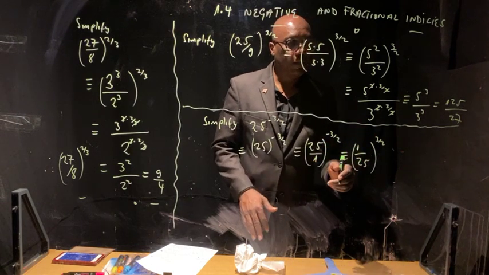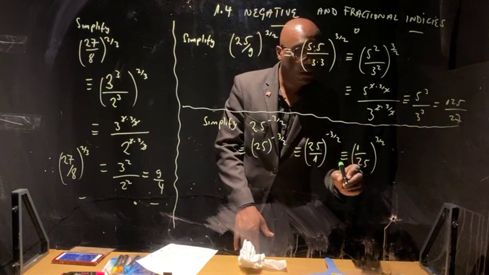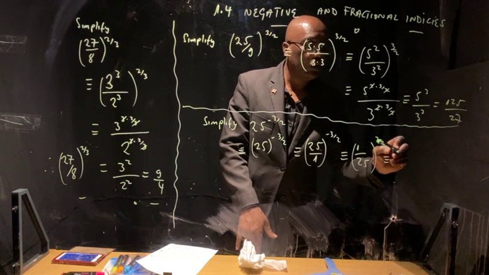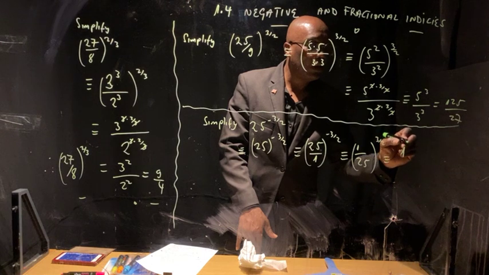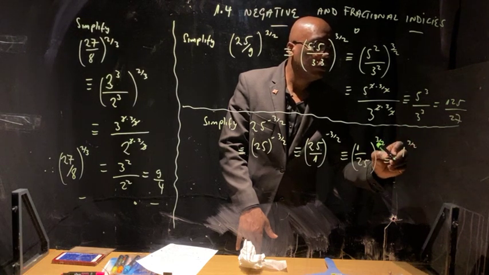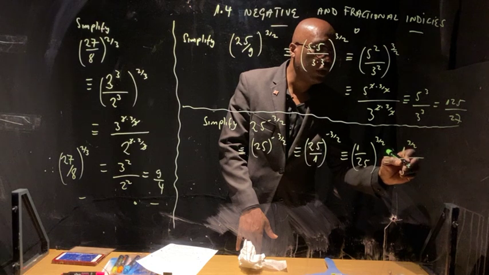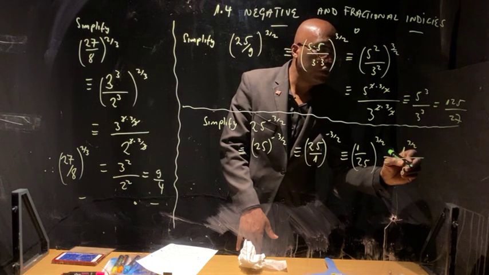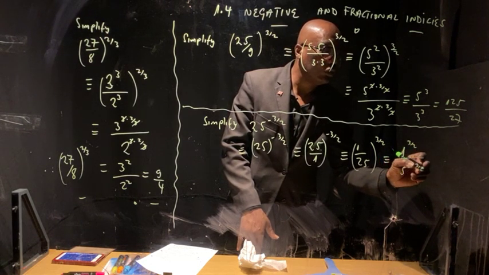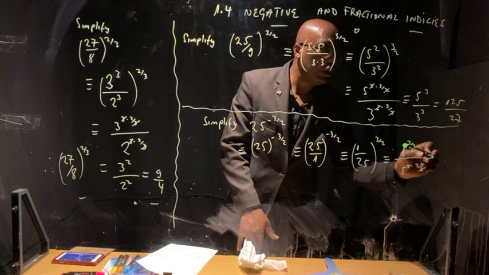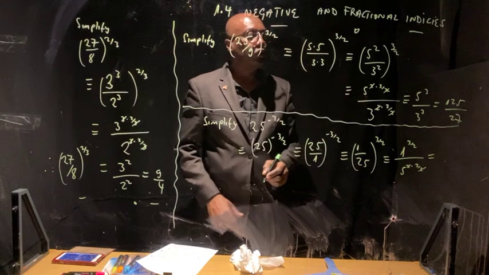In that case, this is equal to 1 raised to the power 3 over 2 over 25 raised to the power 3 over 2, where 1 raised to any power is 1.